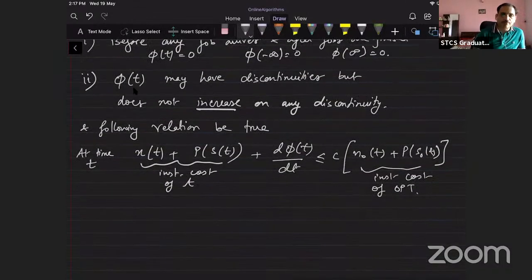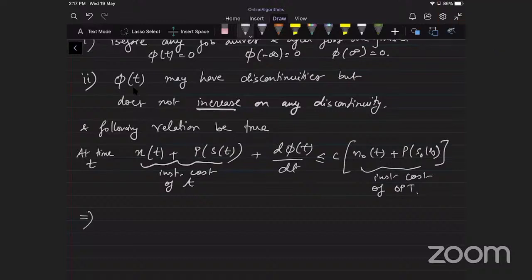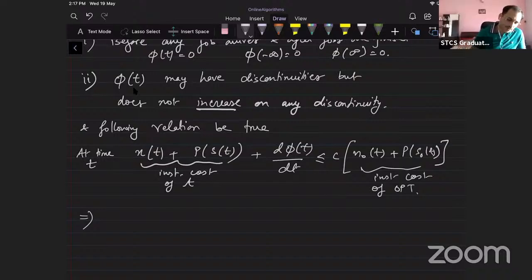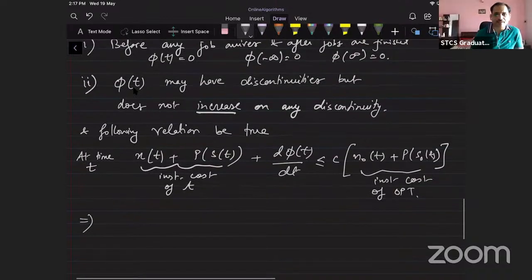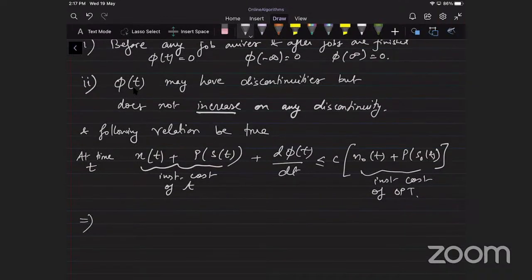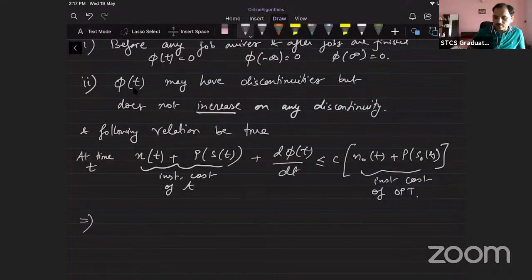So let this be true. This relation has to be true only when the derivative exists. Yes, so essentially we are claiming that the derivative exists almost everywhere except at some zero mass discontinuous points.